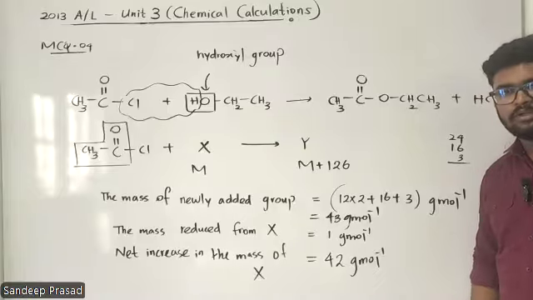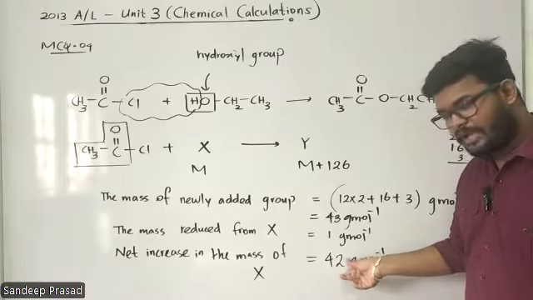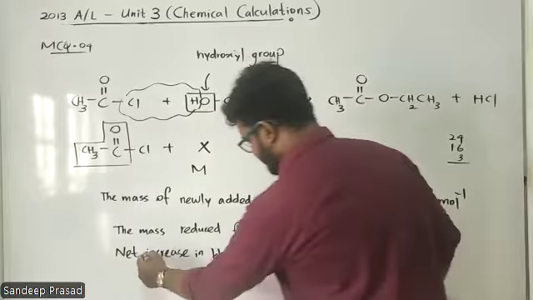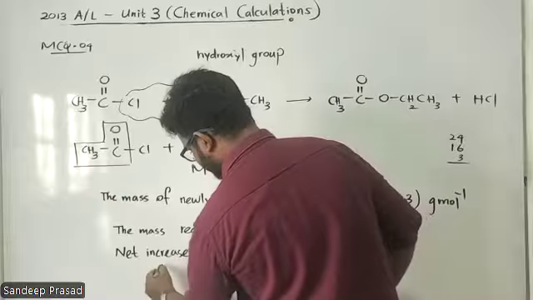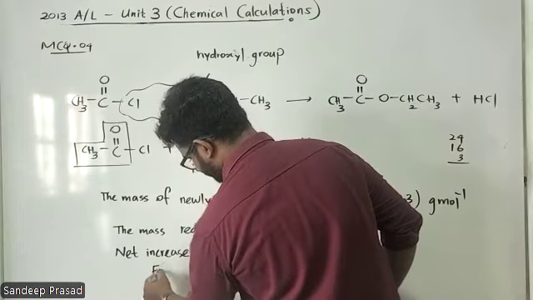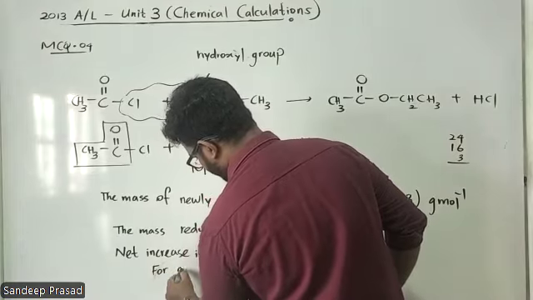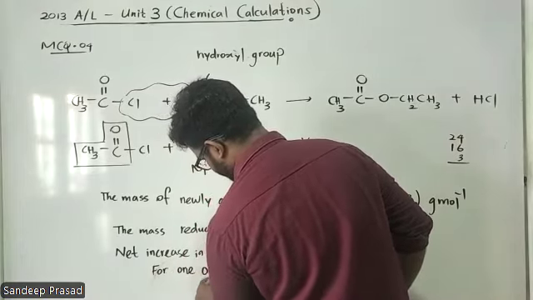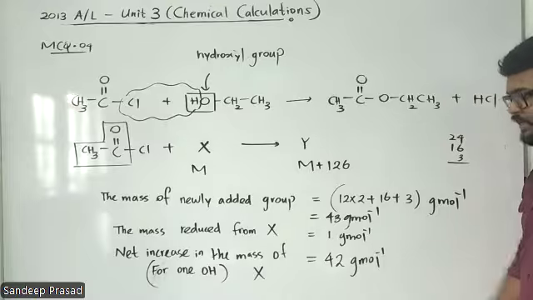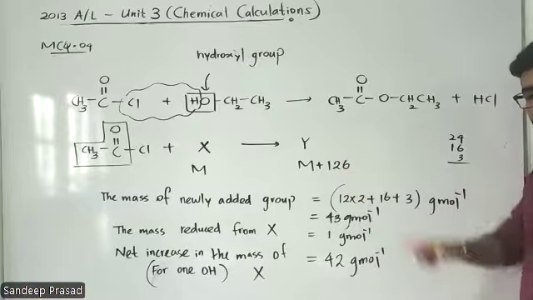Units means grams per mole. Then you have obtained here for 1 OH group, right? So this is the net increase of the mass of X for 1 OH group, 42. Then here the total increment is 126.